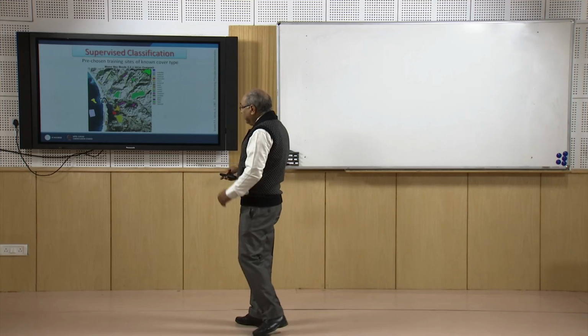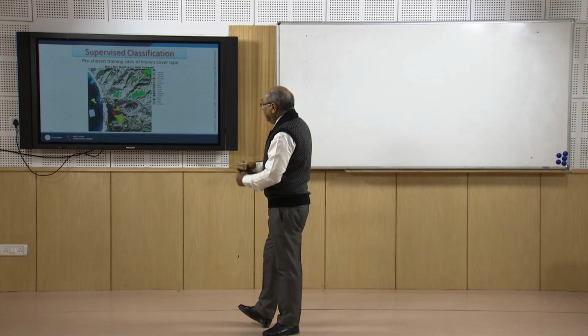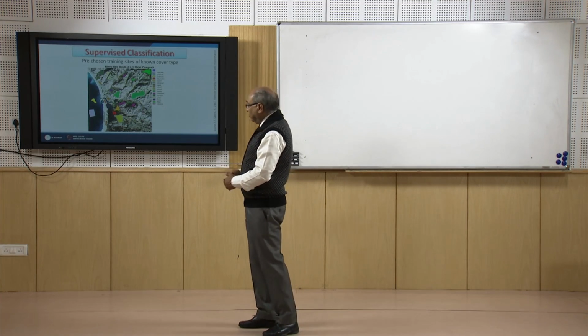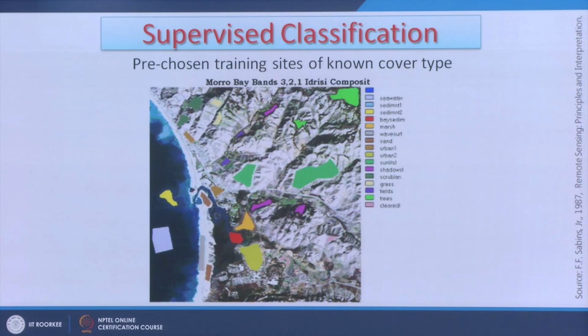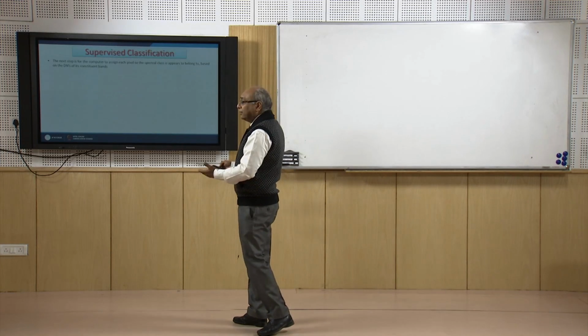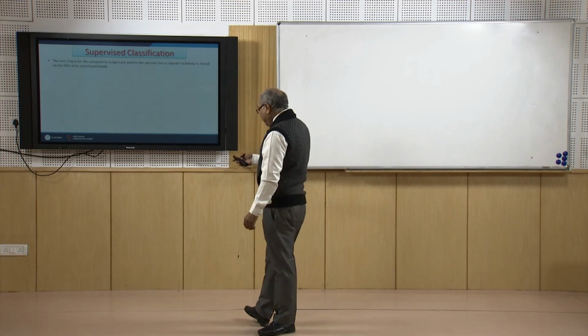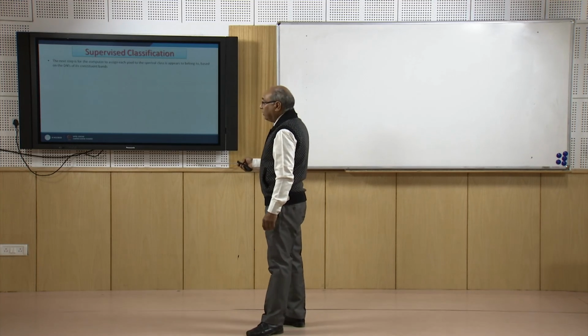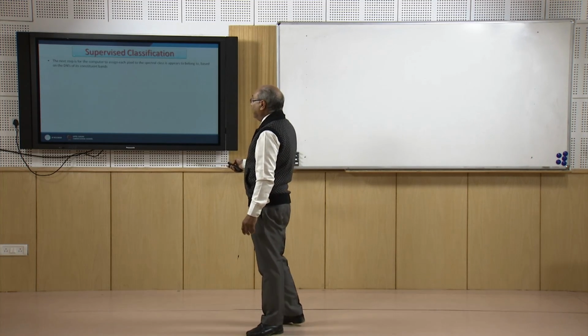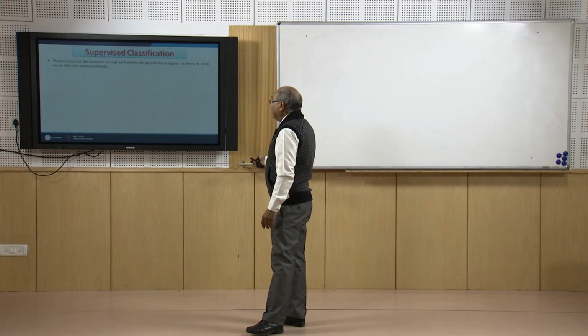And once these training sets have been collected, then the rest has to be expanded in the entire image by the computer or by the software, so that wherever these similar characteristics for each class are matched, those areas will be assigned the same color, and then you get the result, which we will see a little later.